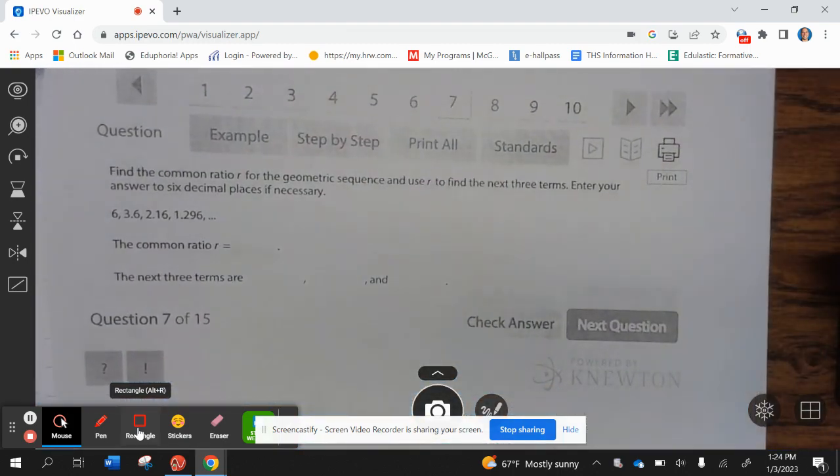All right, find the common ratio R for the geometric sequence and use R to find the next three terms. Okay, so let's go to the calculator.